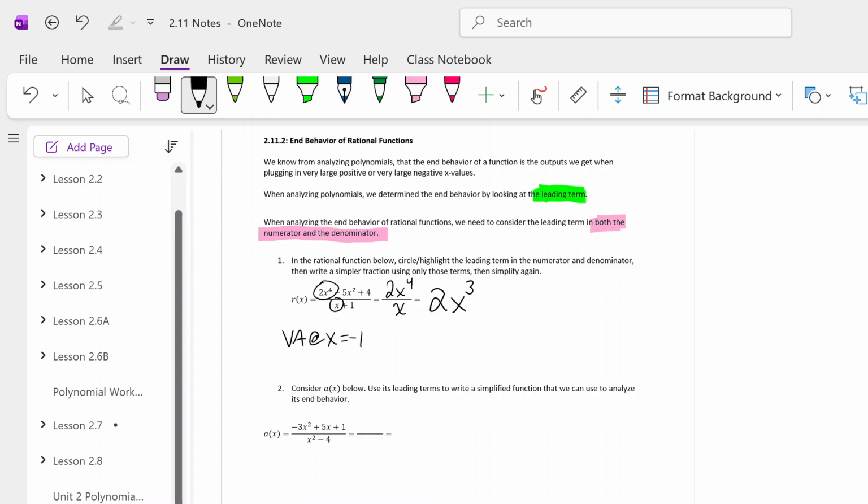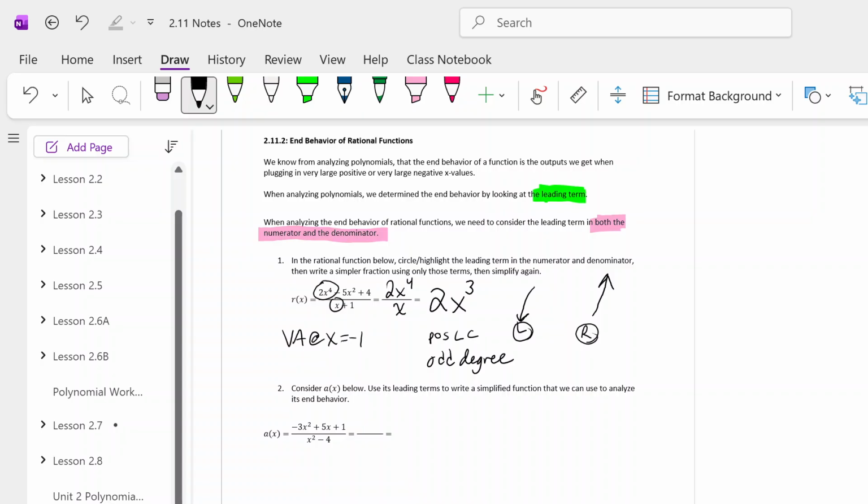Now we look at this, and this is where we use our end behavior idea of polynomials. We have a positive leading coefficient, which automatically means that our right side is finishing up. And we have an odd degree, which means that our left side will be finishing down.